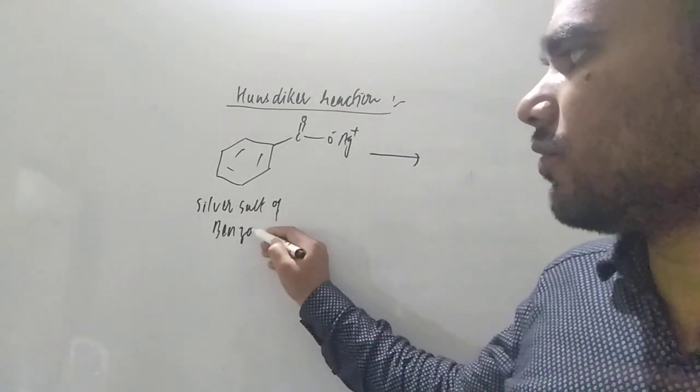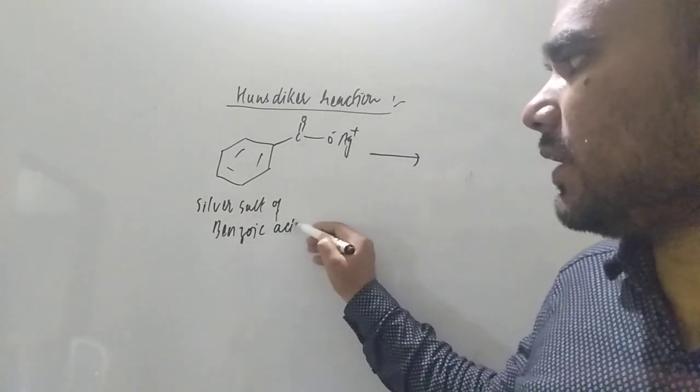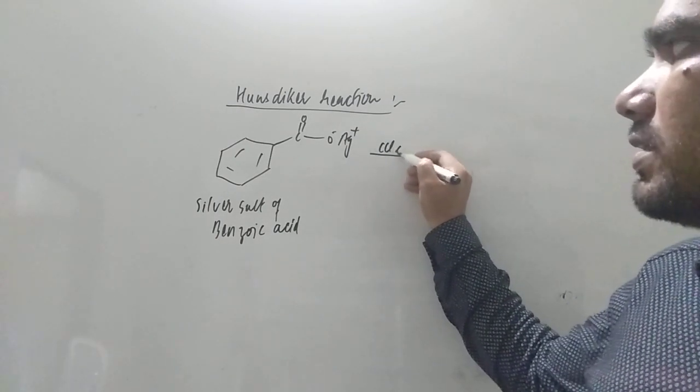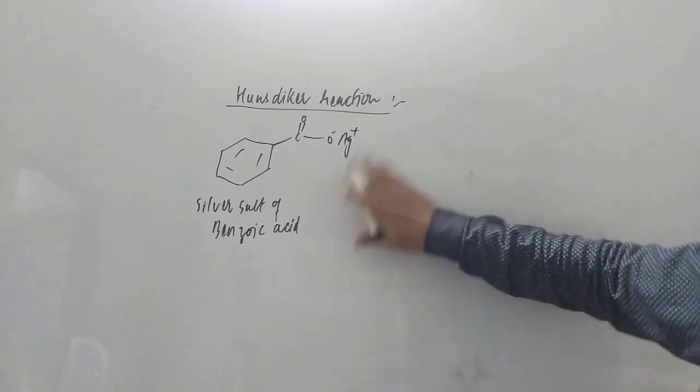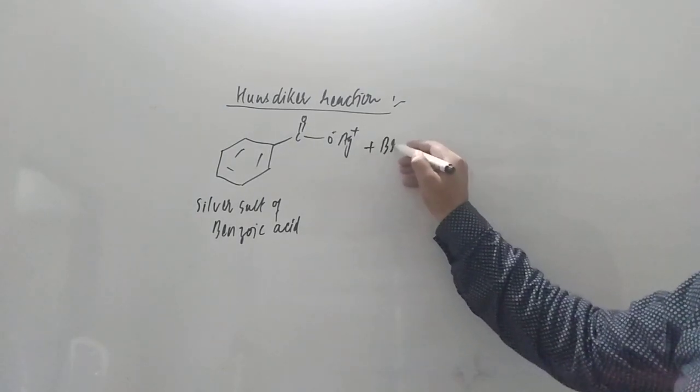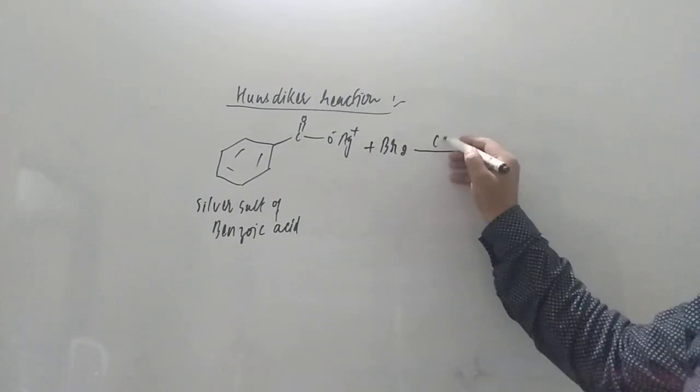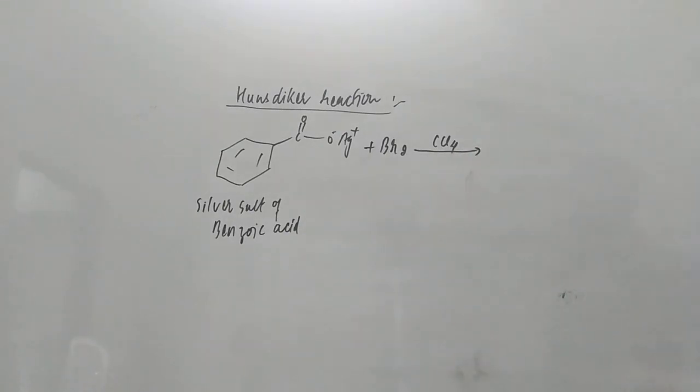What medium do you take? CCl4, carbon tetrachloride, and you treat this with bromine, Br2, in a non-polar medium, carbon tetrachloride.